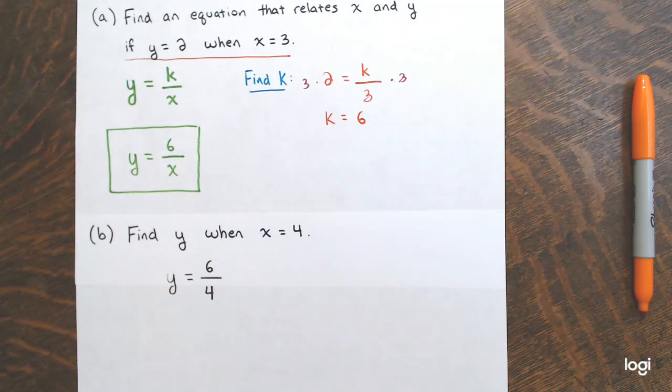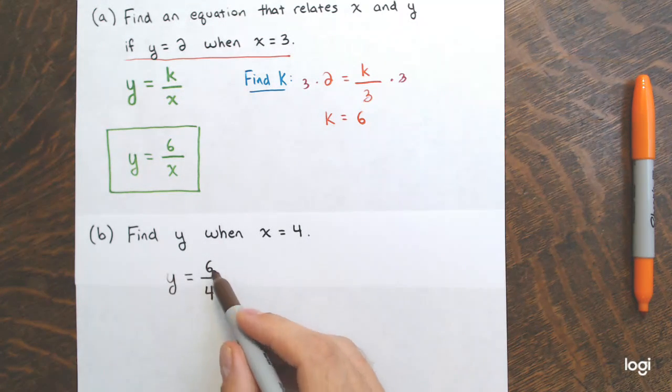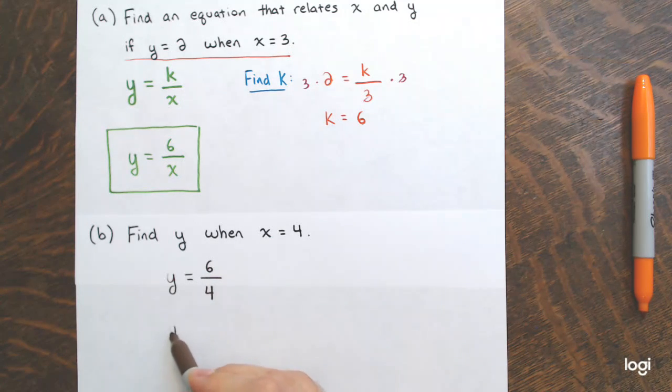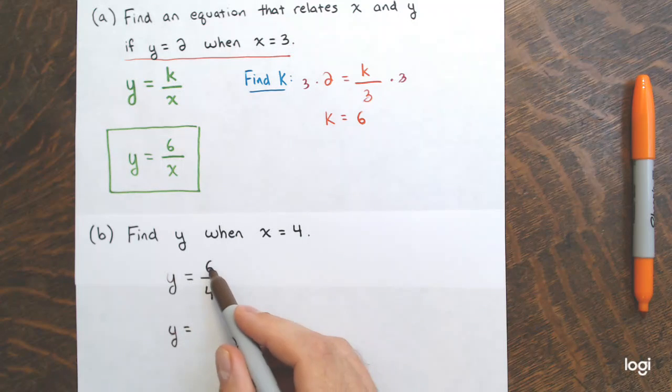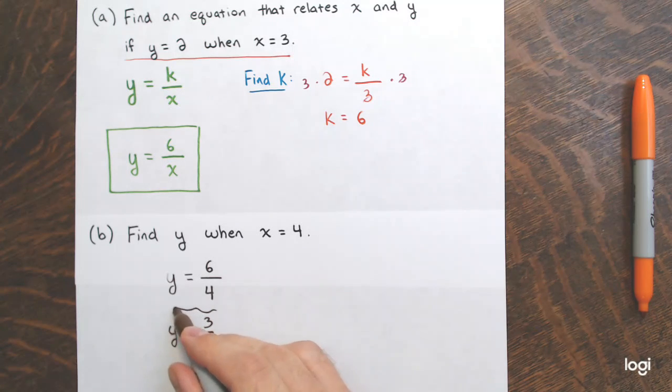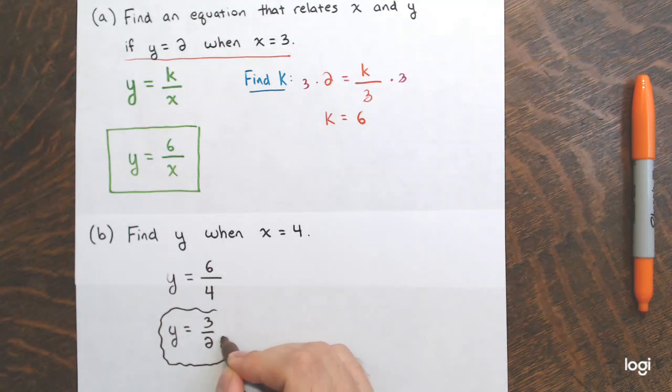Now, of course, I'd like to reduce this. The 6 and the 4, the numerator and denominator, have a common factor of 2. So that's 2 times 3 over 2 times 2, reducing to 3/2. There's the simplified fraction. Or if you want to write it as a decimal, it's 1.5.